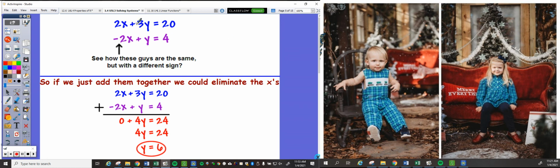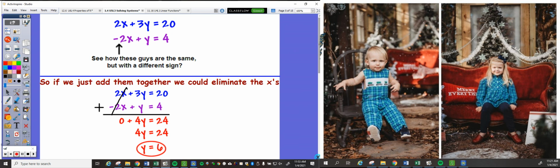If I give you this system of equations right here, you can see that I have a positive 2x and a negative 2x. So if I add these two together, my x's are going to cancel. I've now eliminated the x's just by adding the two equations together. And so we have 4y equals 24, y equals 6.